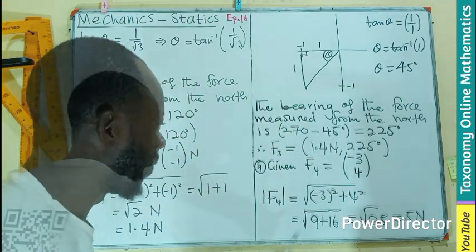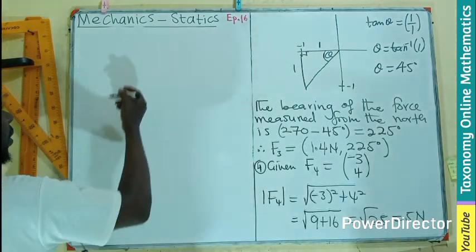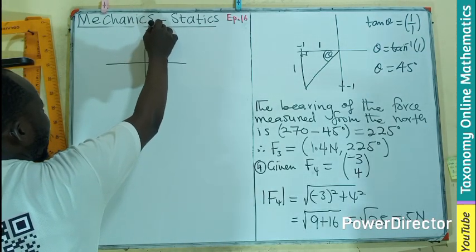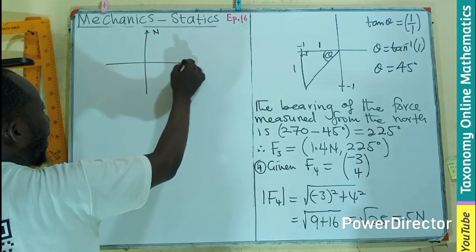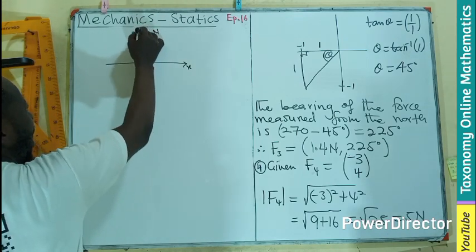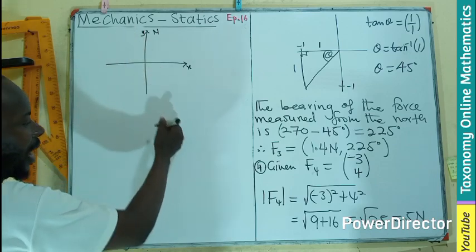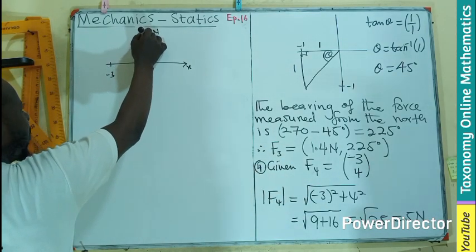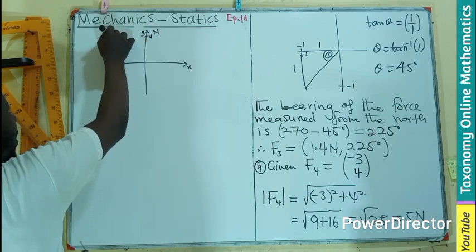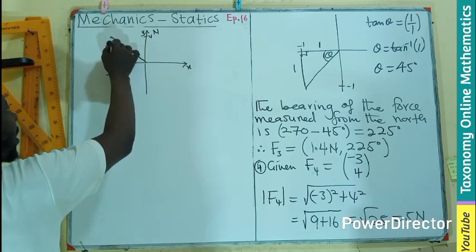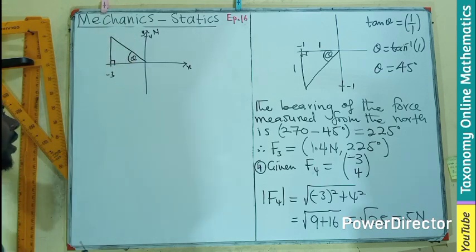Let's find the bearing. So for the bearing, we have our Cartesian plane. Don't forget we can label the north and have our x-axis. So we are having here to be the y-axis, negative for x. So I'll be on this place, -3, positive for y. So the point will be here. Angle with the x-axis to be here. Then that forms our right angle triangle.